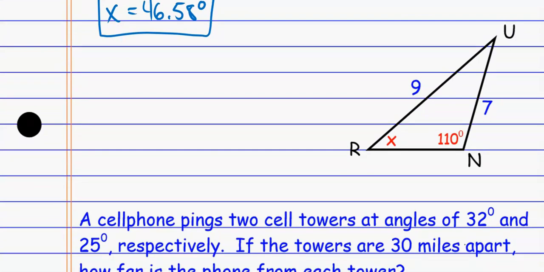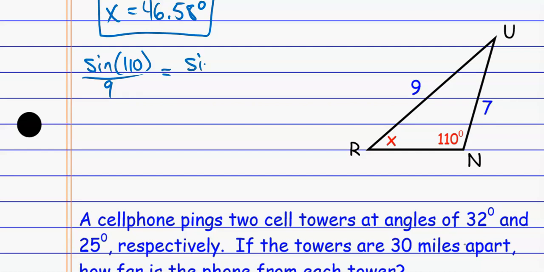If I look at this guy once again, I just have to set this up as a proportion. It's the sine of the angle over the opposite side. And again, I start with the one I know. The one I know for sure that only has numbers in it would be the sine of the 110 over the opposite side, which is 9. Okay? And then the other thing that I have here, now I want to find my variable.